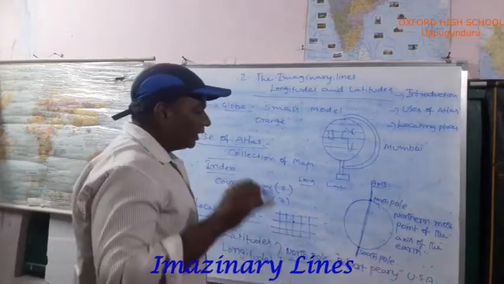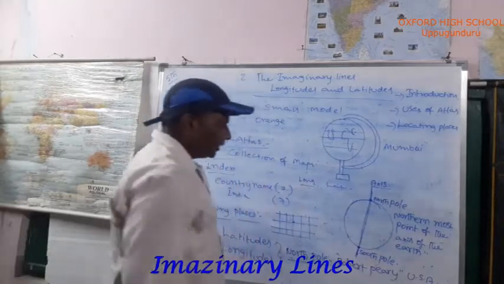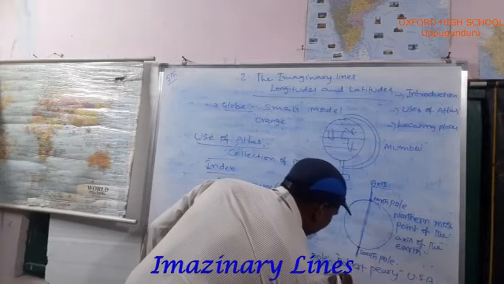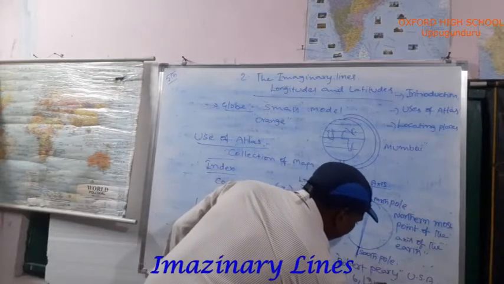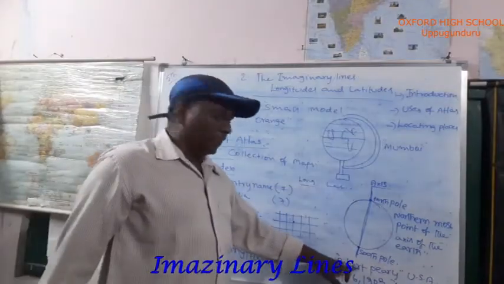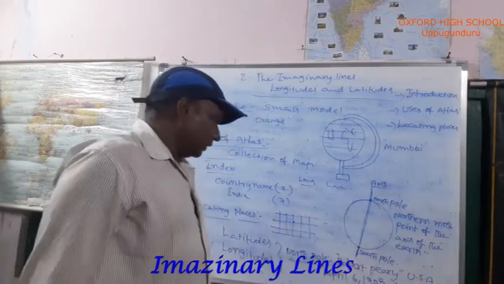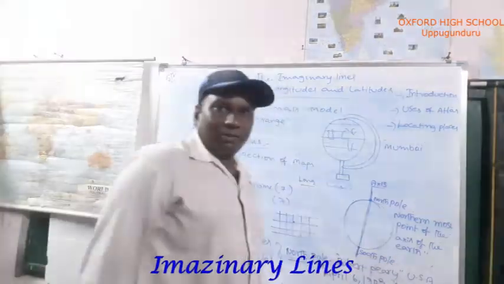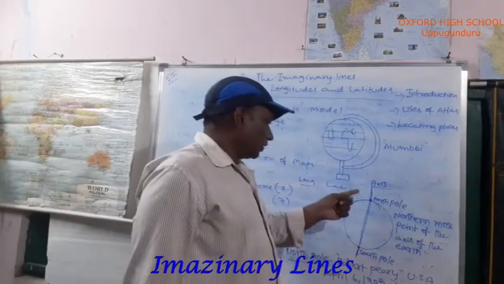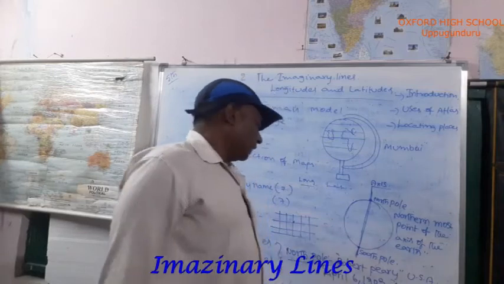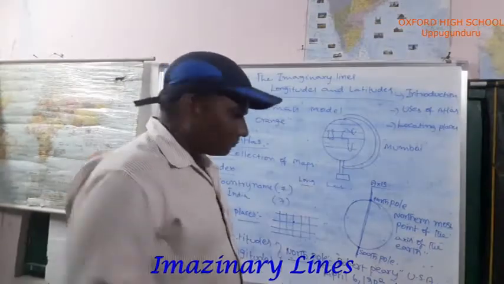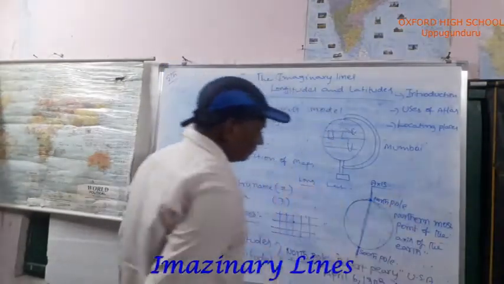He was the first person to reach North Pole. Who reached North Pole? Robert Peary. He belongs to which country? USA. Which year did he reach North Pole? 1909, April 6th. So this is North Pole.